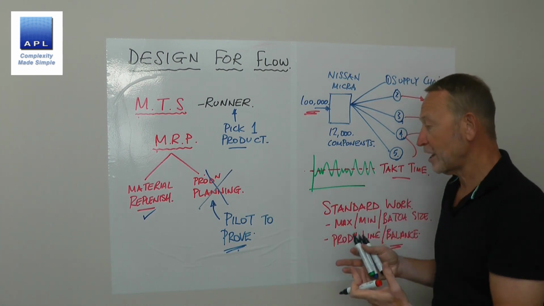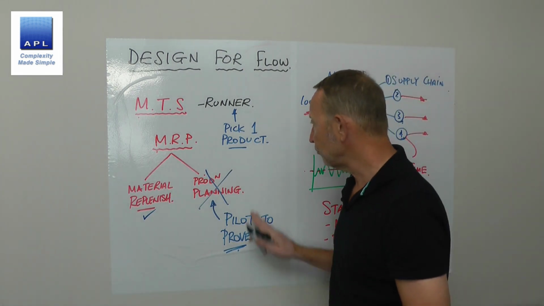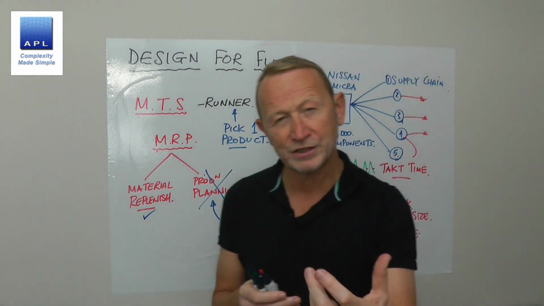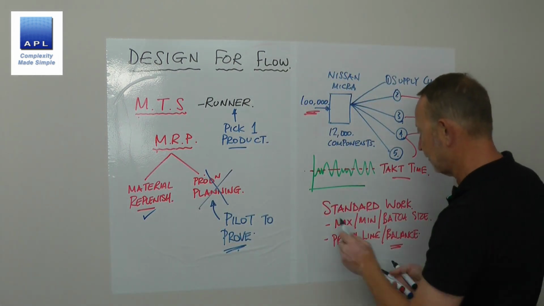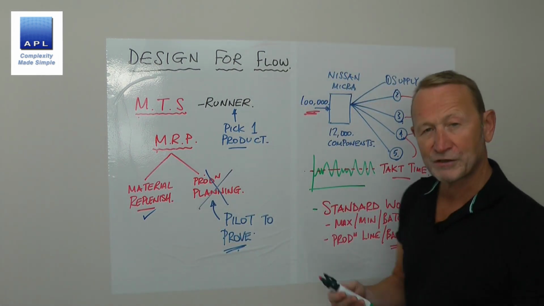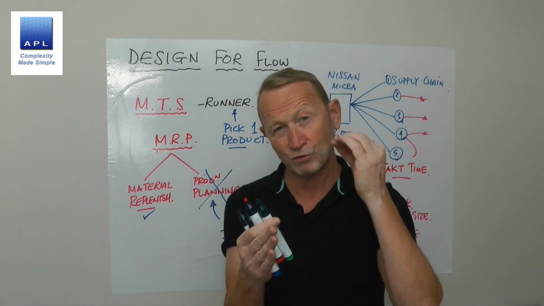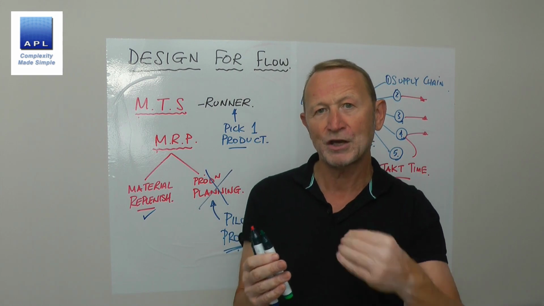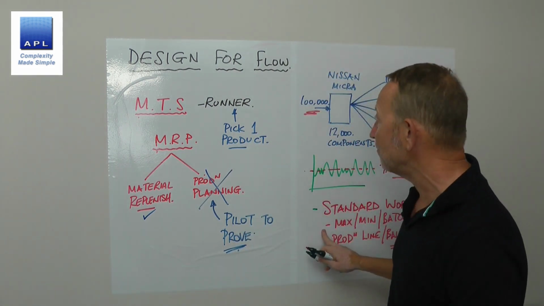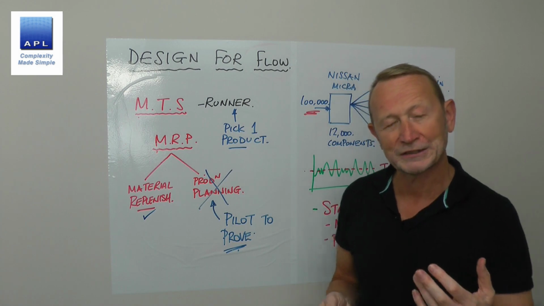You will make mistakes when you do this. So we want to do a pilot. Use the pilot to tease out the mistakes. Use the pilot to get the standard work correct. So you're going to optimize your standard work, optimize your calculations and your decision making, optimize the signals from the make to stock system and things like that.